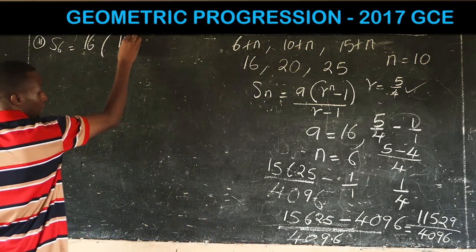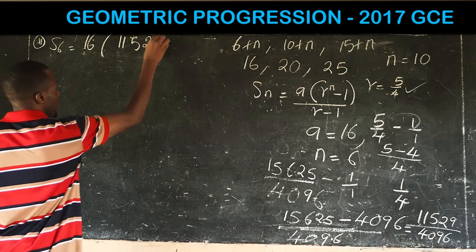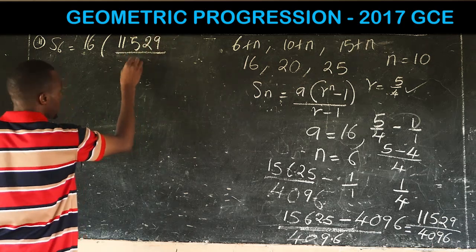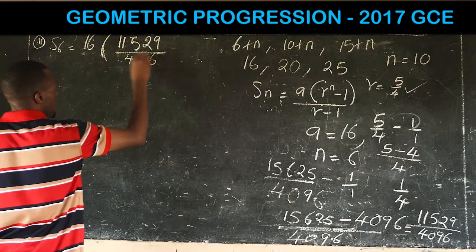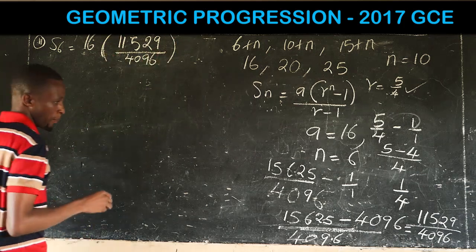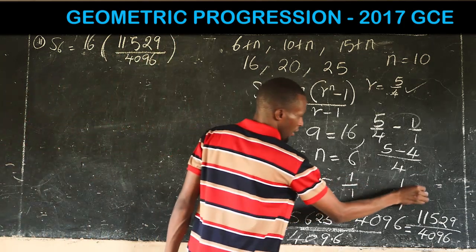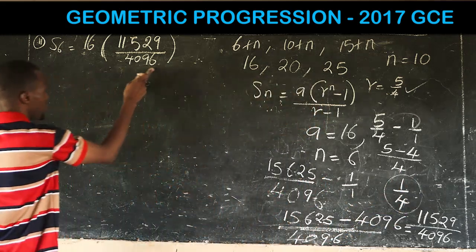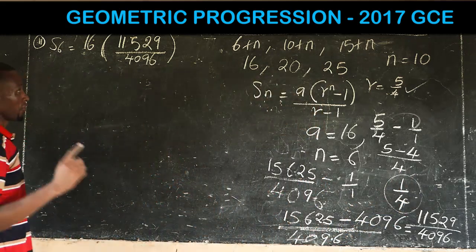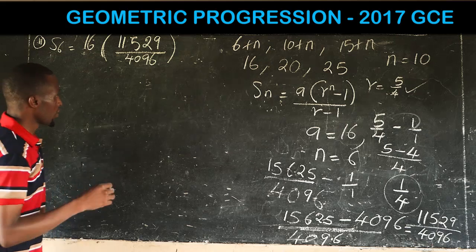So 11,529, everything here divided by 4,096, which is in the brackets. Remember, we have over 1/4, which is supposed to be in the denominator. Now, for us to be quicker there, this is what we're going to do.